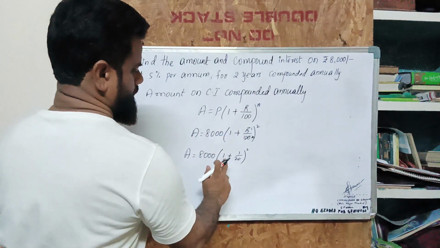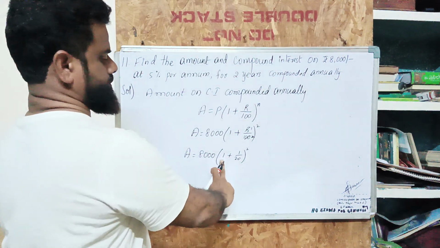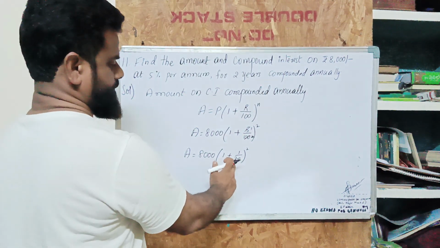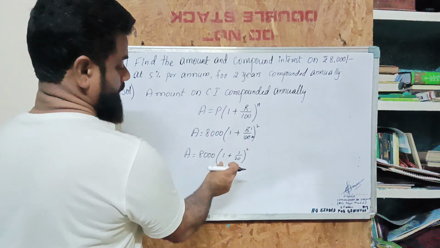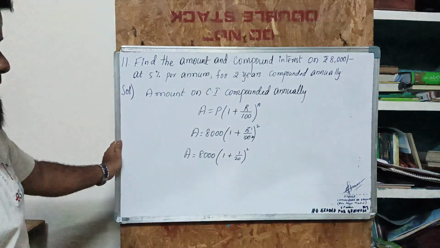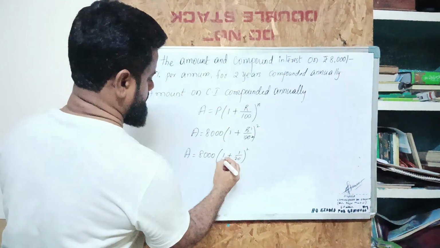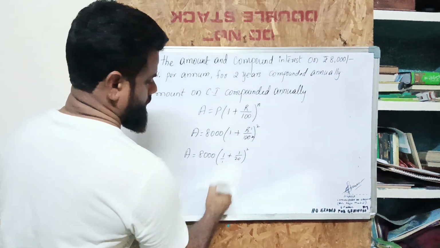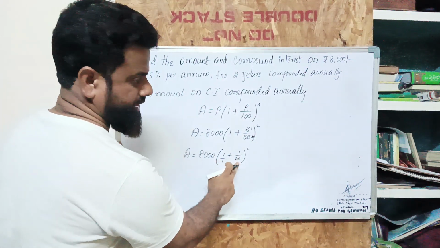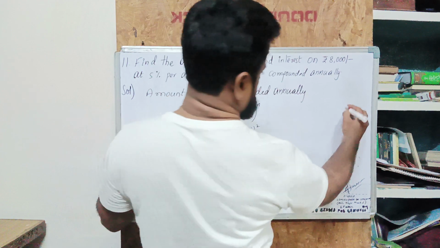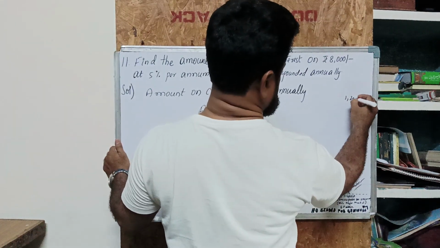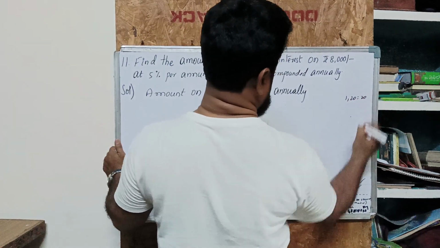Now, there is 1 and 1 plus 1 by 20. There is nothing below 1, so that means 1 is there. So the LCM of 1 and 20 is 20.